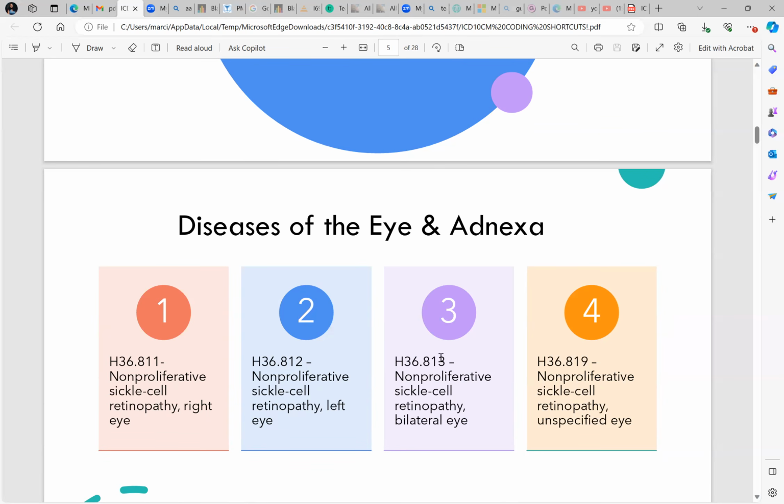If it ends in a 3, it's going to be the code for bilateral eye. If it ends with a 9, that means the provider did not specify in the documentation, and you will use this code for unspecified eye because you're not sure if it's the left eye, the right eye, or both eyes.